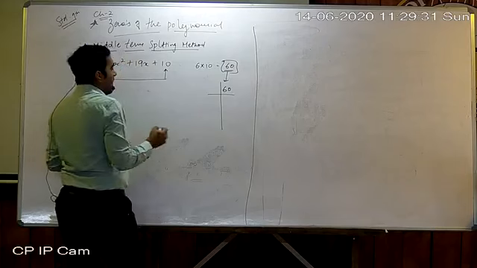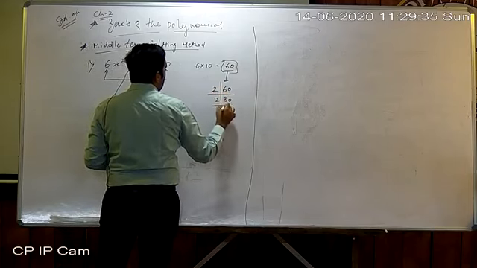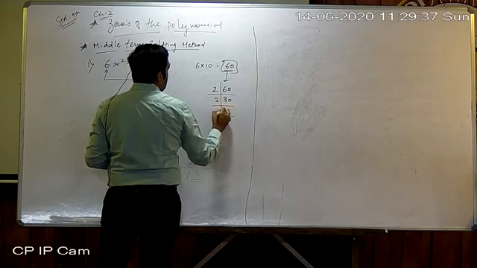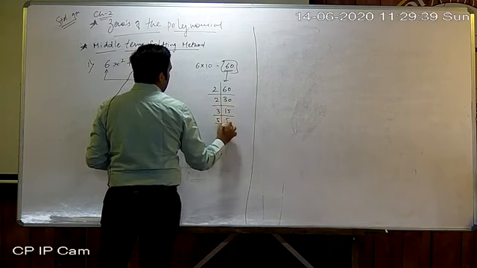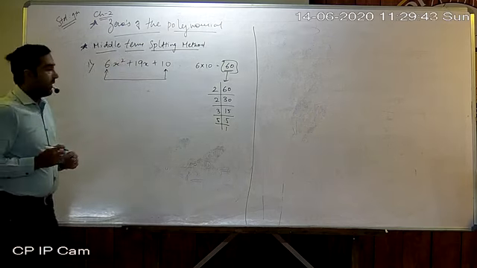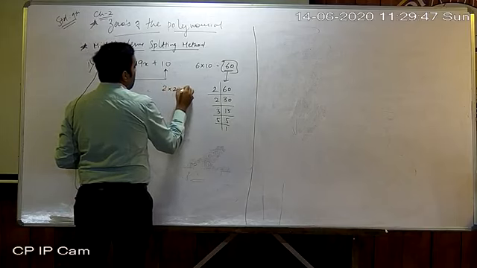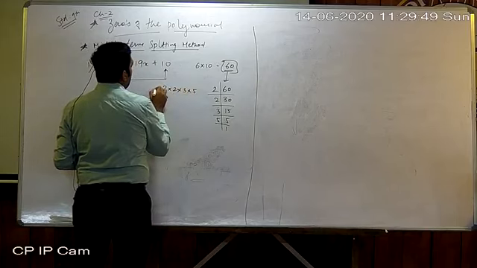So I'll factorize 60 as 2 times 30, 2 times 15, 3 times 5, and 5 times 1. My factors are 2 into 2 into 3 into 5.